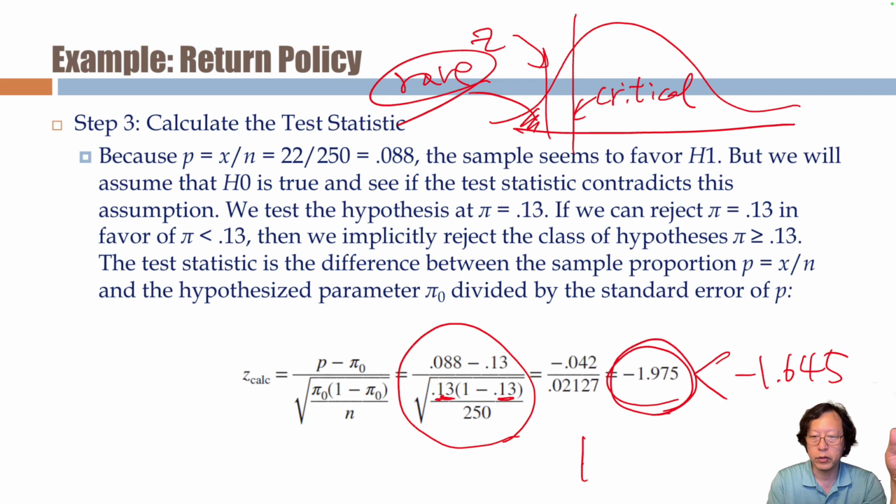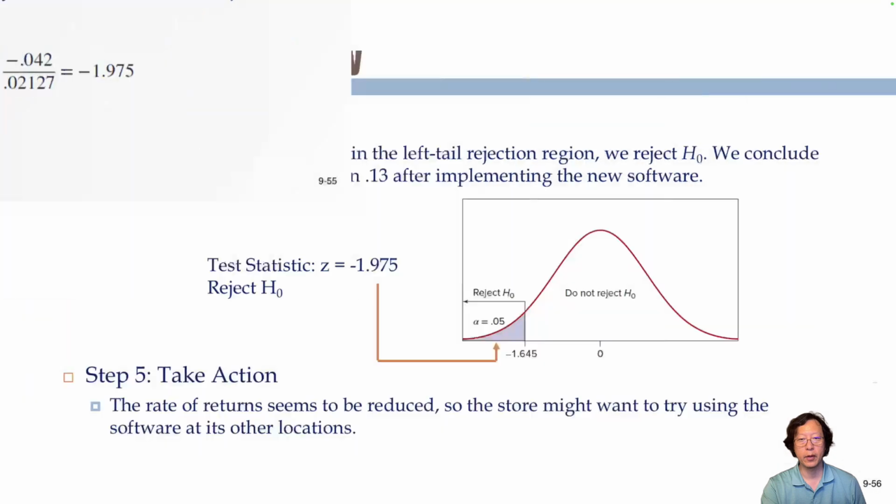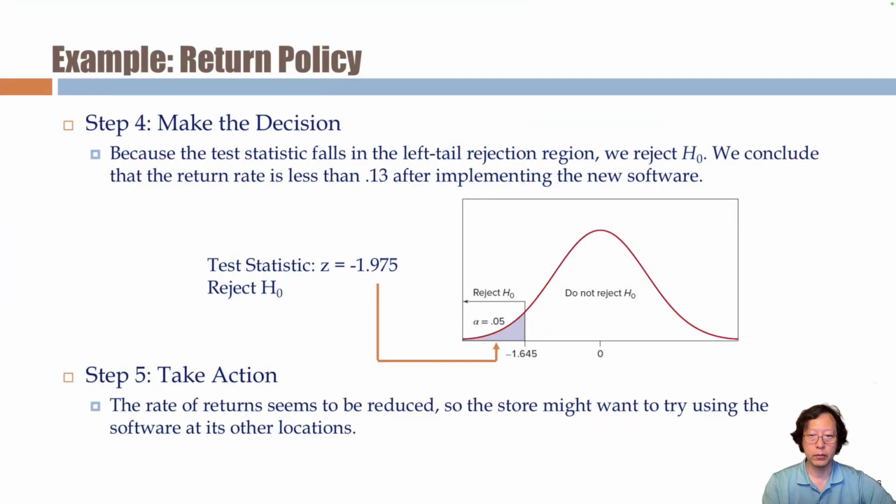So we can reject the null hypothesis, which means we can conclude the system actually reduces the proportion of returns. What kind of action can we take? We can adopt this system in the other stores.